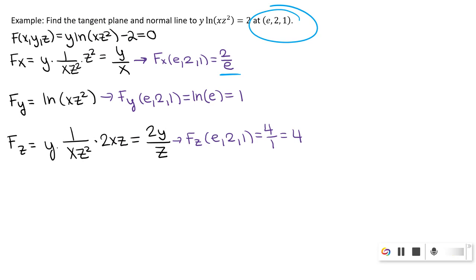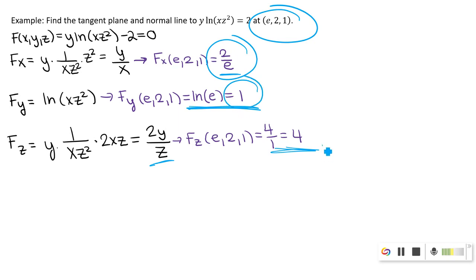F sub y, I put in e for x, I put in 1 for z. That gives me natural log of e, which simplifies down to 1. And then finally the f sub z, I'm going to put the 2 in for y, 1 in for z, that becomes a 4.